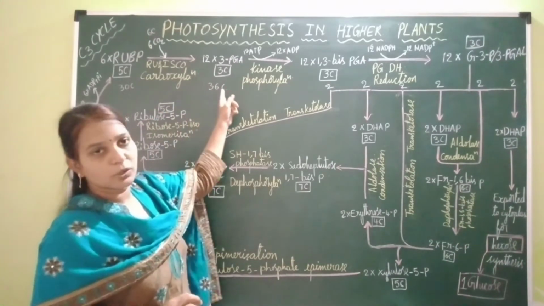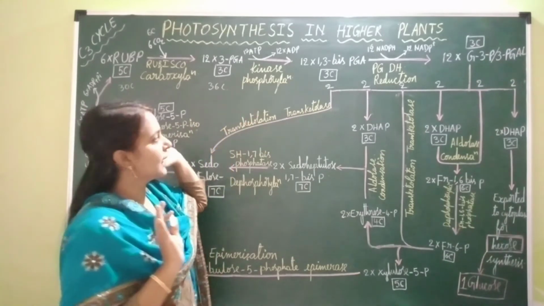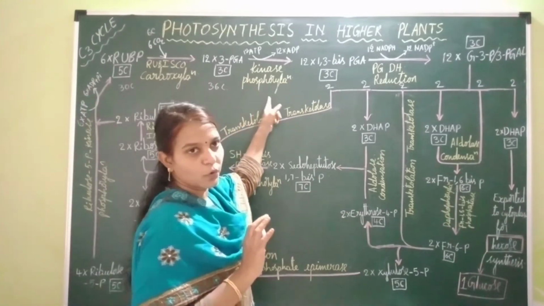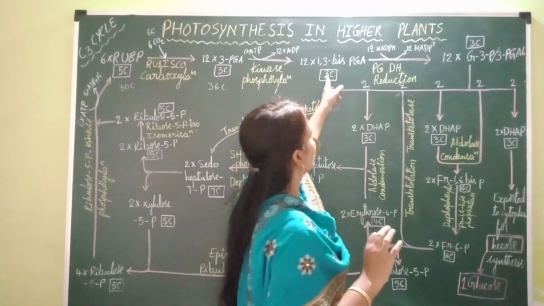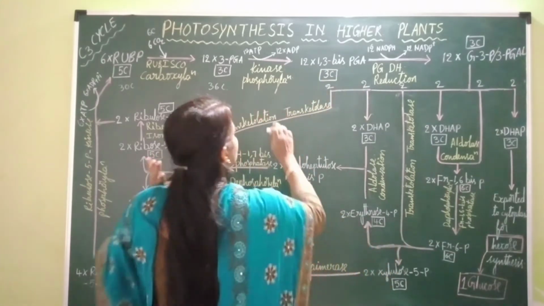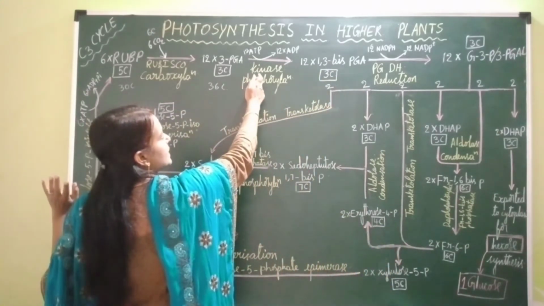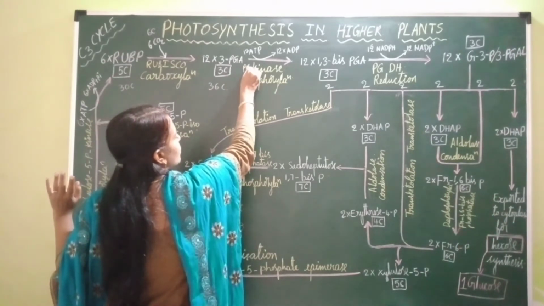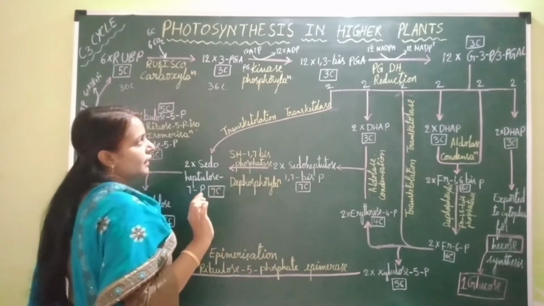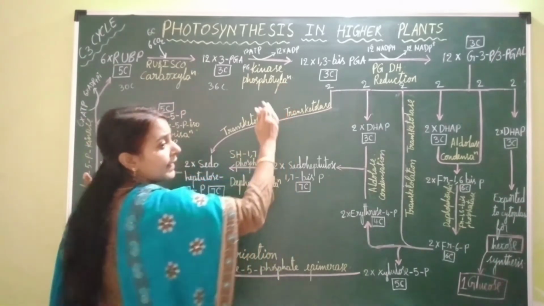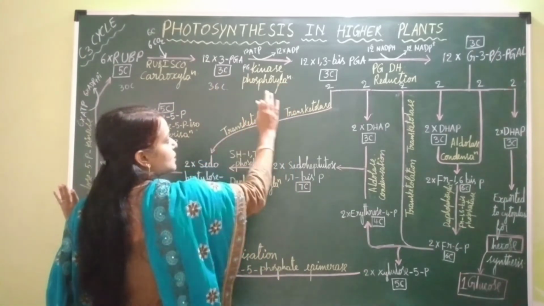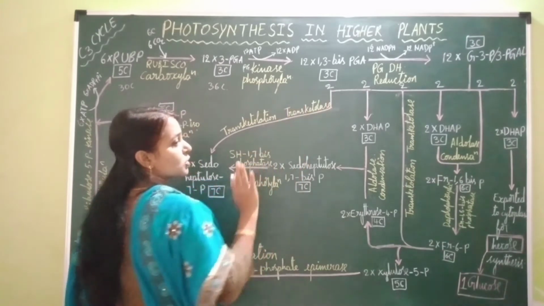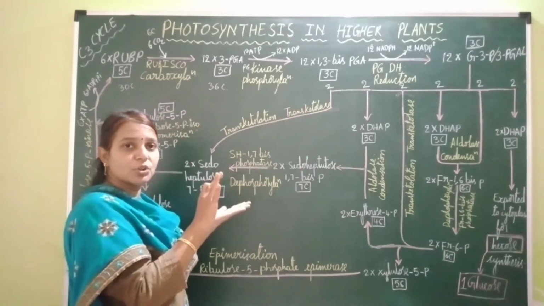Now, these 12 molecules of 3-phosphoglyceric acid, which are 3 carbon compounds, undergo phosphorylation into 12 molecules of 1,3-bisphosphoglyceric acid. This phosphorylation is catalyzed by the enzyme phosphoglycerokinase. So here 1 phosphate is added and hence 3-PGA has become 1,3-bisPGA. Phosphorylation is nothing but addition of phosphate.